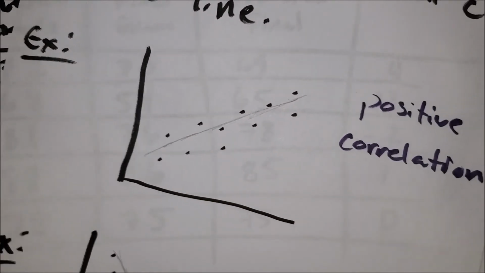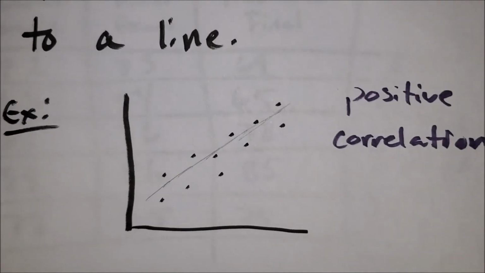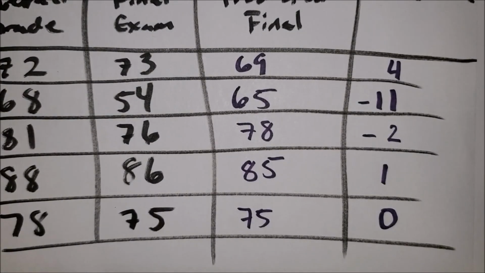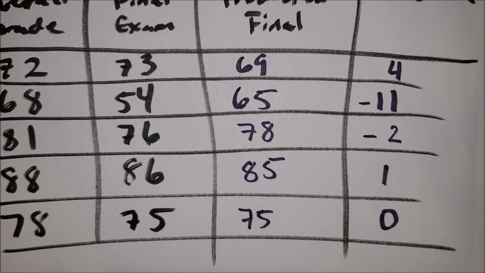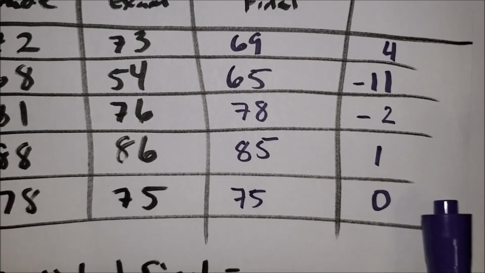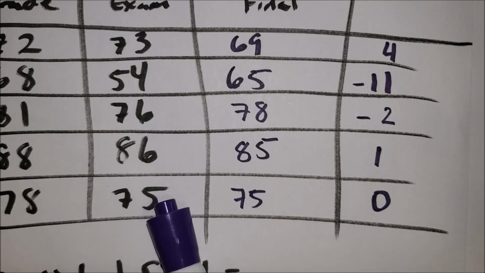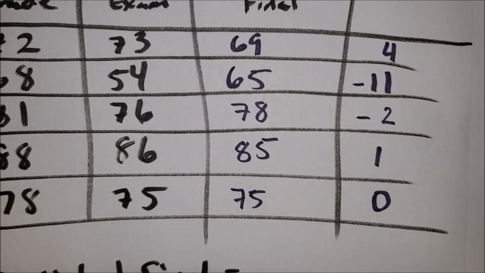The residual does not necessarily have anything to do with the correlation. It has everything to do with the difference between the trend line and the actual points, not the direction of the correlation. And if you look here, we have one that's 0. That means that this predicted value is the same as the observed value, the actual value. So that's why there is a 0 residual.